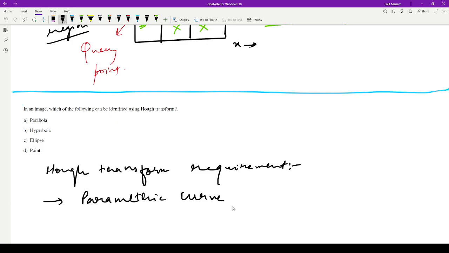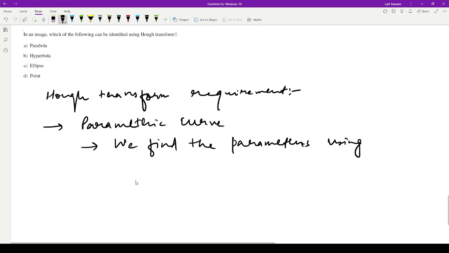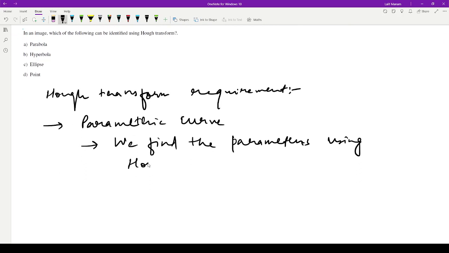What it actually does is find the parameters using Hough transform. That's all the idea is.